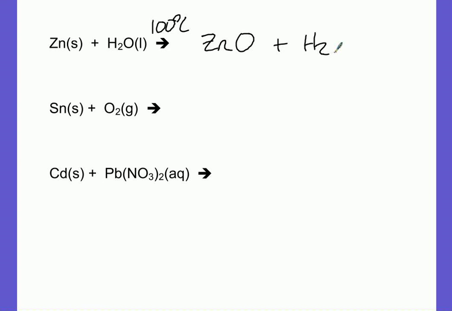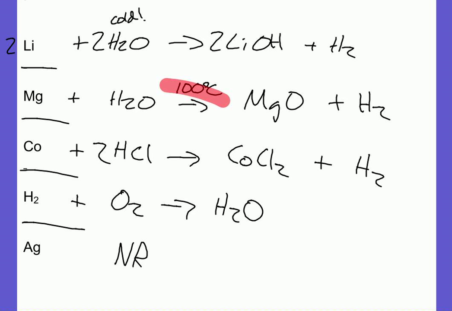The next one is tin and oxygen. Tin is in the same group as cobalt, right? And as long as I'm talking about cobalt here, cobalt is definitely higher than hydrogen on this list. So if cobalt is higher than the reaction here, reacting with oxygen, it should be able to do that reaction.